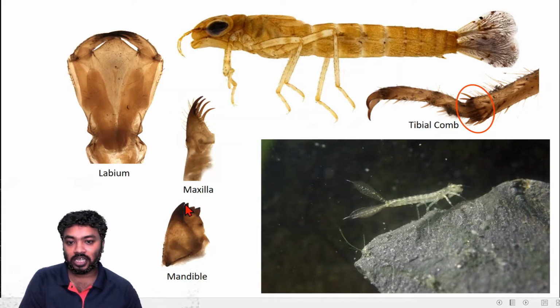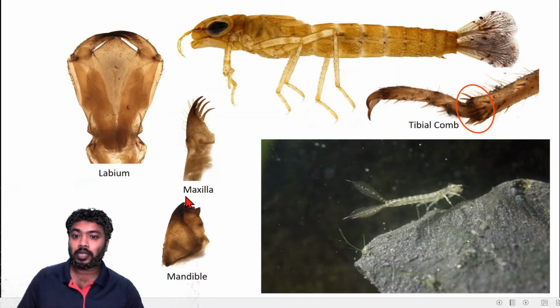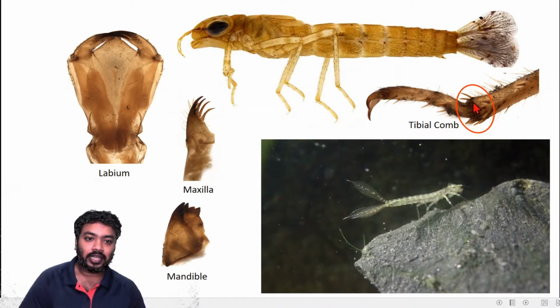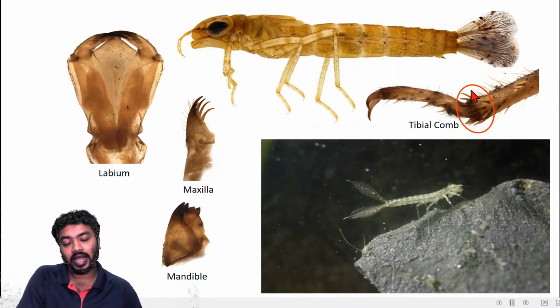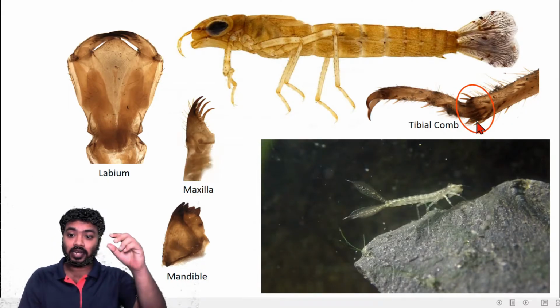The dentition, the number and arrangement of teeth of the mandible, can be characters. This is the leg, and see here there are spines at the distal end of the tibia, arranged in a row.